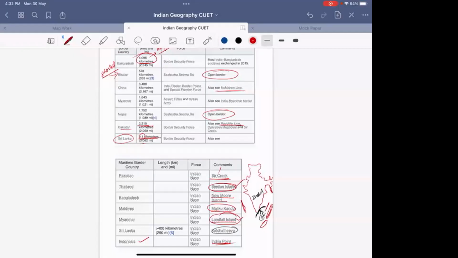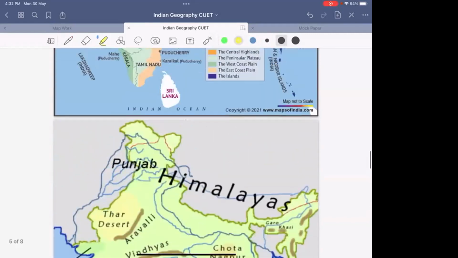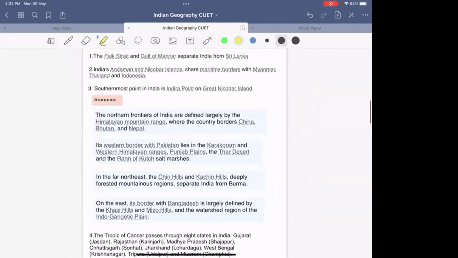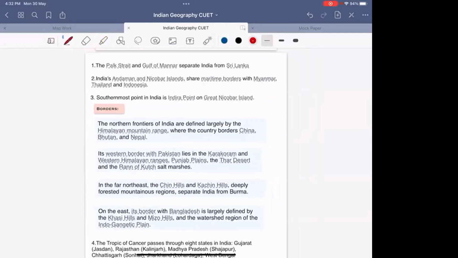Then Thailand, there is Similan Island. So these details you have to keep in mind. Then the southernmost point in India is Indira Point, Great Nicobar Island.